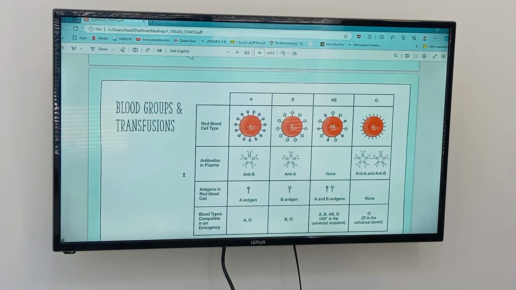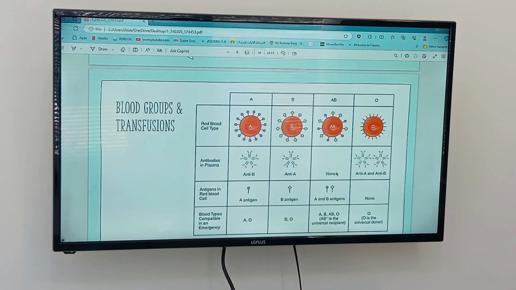Blood group, red blood group type. We see here A, B, and the possibility of AB or O. Antibodies in plasma, look: A has anti-B, and B has anti-A, while AB doesn't have either.